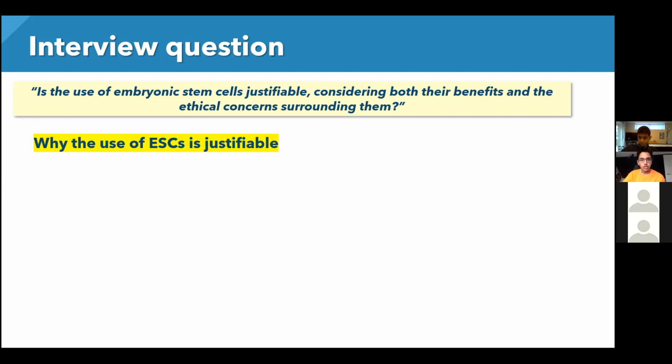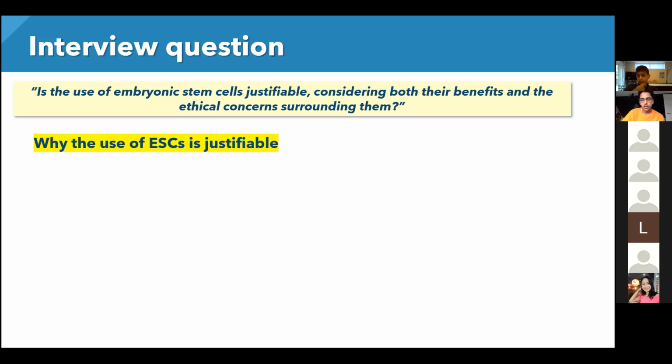That's true. Any others? Someone gave the example of IVF. Yeah, that's correct. Does anyone else have any ideas? In addition, the process saves and touches more lives. Yeah, all great points.